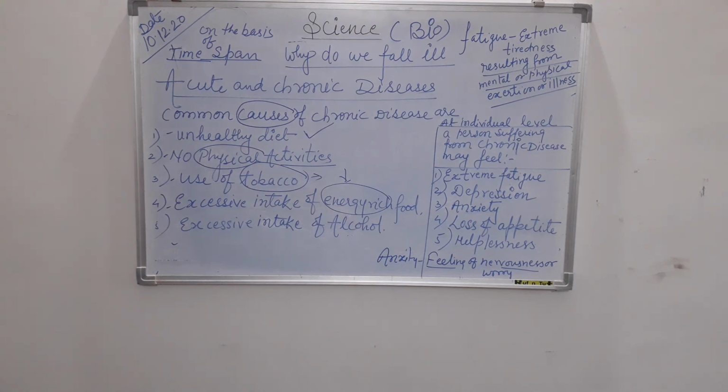Point number 3, acute diseases appear suddenly and the chronic, they develop over a time. Fourth point, acute do not cause damage to the body. Chronic, they damage the body. Number 5, the patient recovers very soon after getting treatment, but in chronic disease, patient may or may not recover fully after treatment.